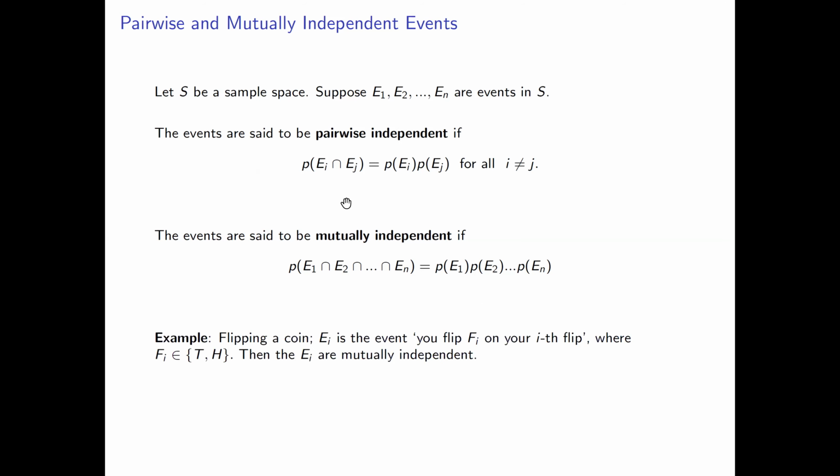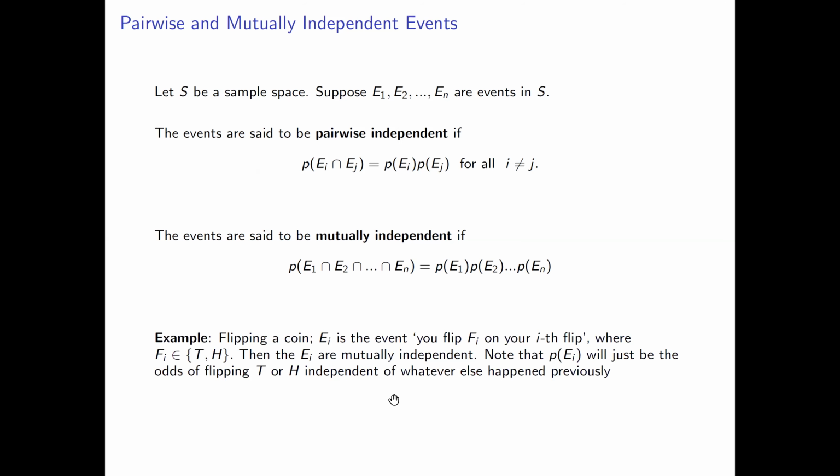Before that, though, one way to think about this that I think helps is to consider the problem of flipping a coin n times, and let's suppose that Ei is the event that you flip heads on your ith flip, or the event that you flip tails on your ith flip. You can check using this definition, although it takes a bit of work, that these events are mutually independent.